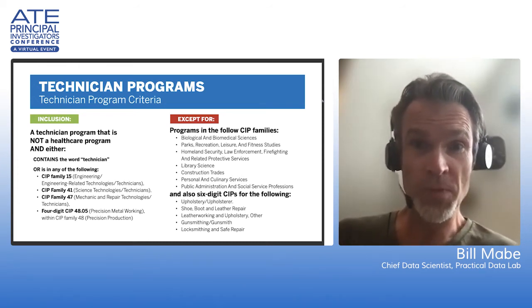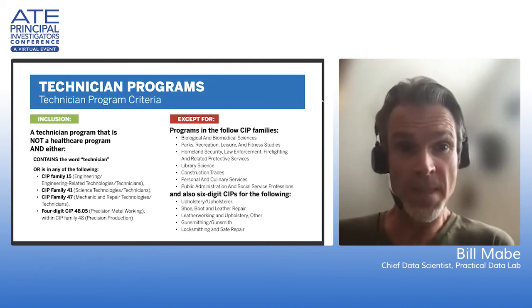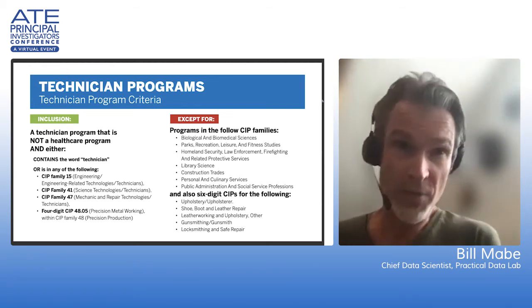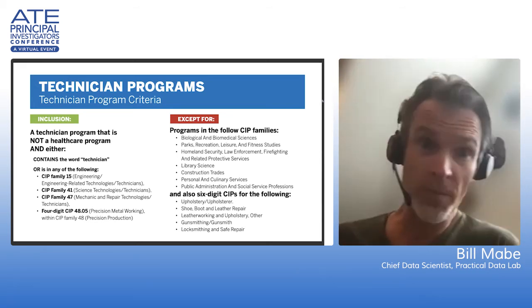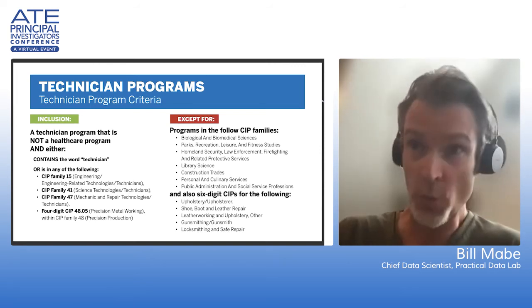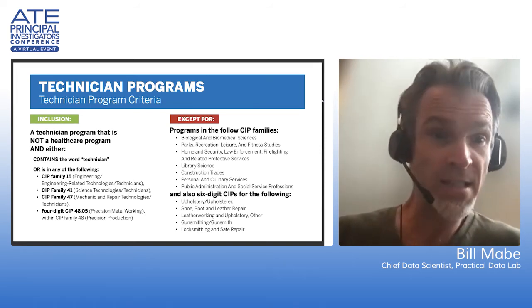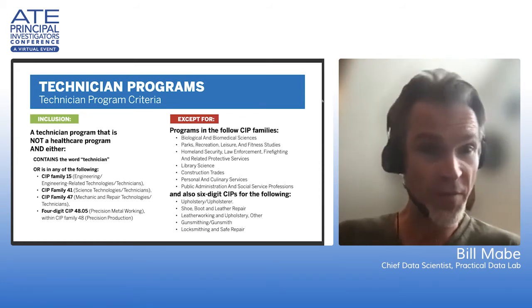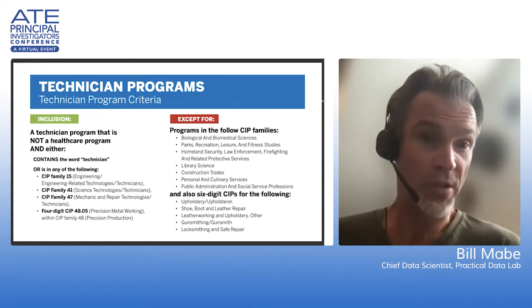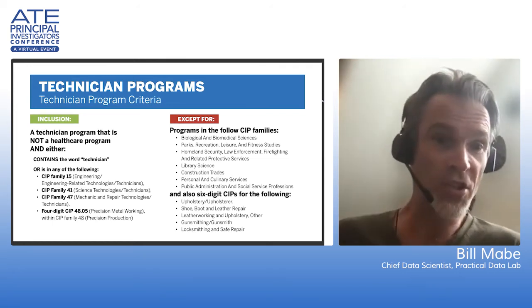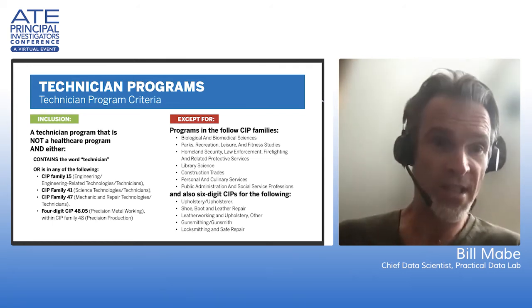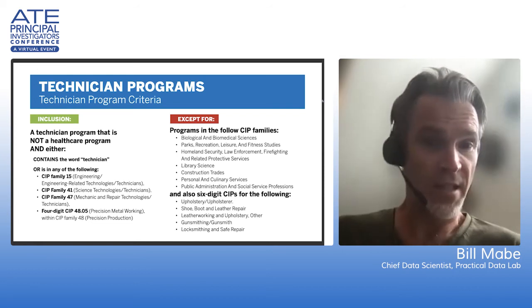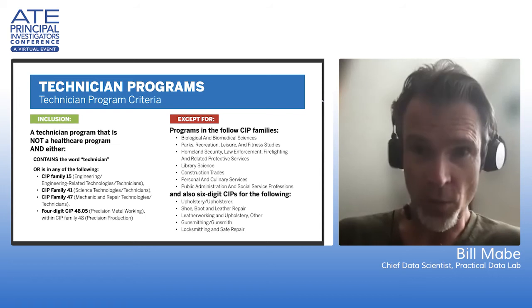And then we're looking specifically for 6-digit programs, which we roll up to the 4-digit level, that have the word technician in their program names, as well as programs in some CIP families that are very technician focused, such as engineering related technologies and technicians, science technologies and technicians, mechanic and repair technologies technicians, and then precision metalworking.